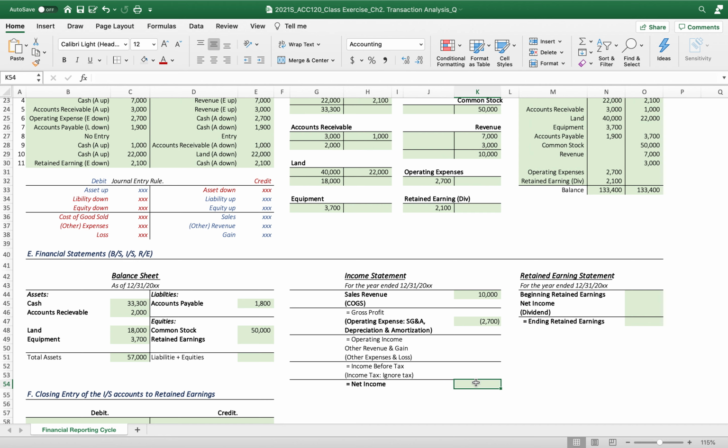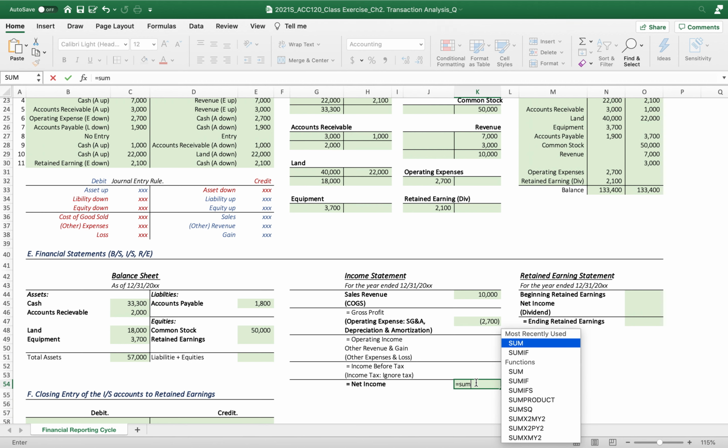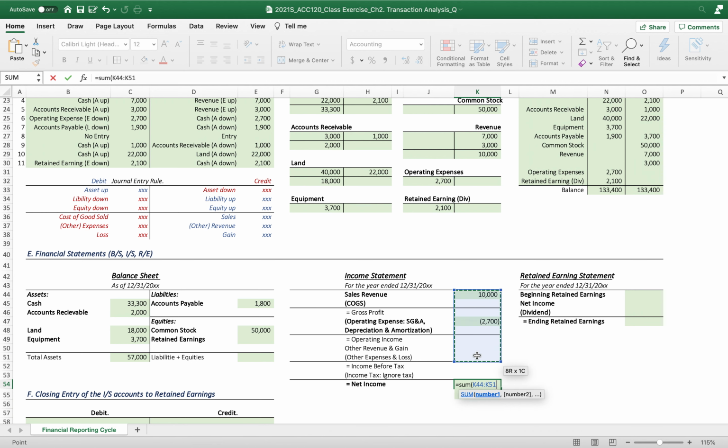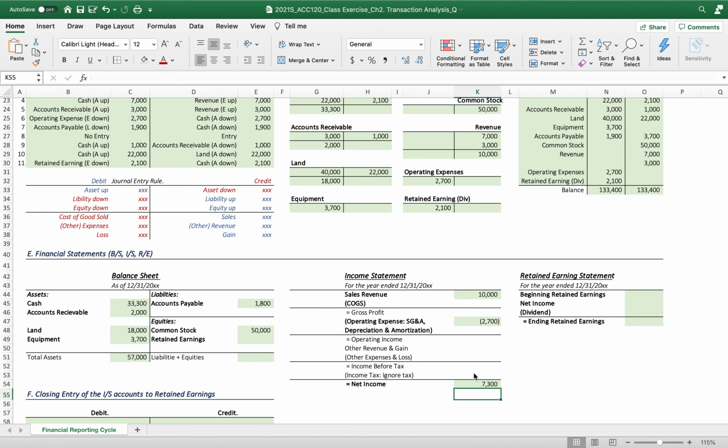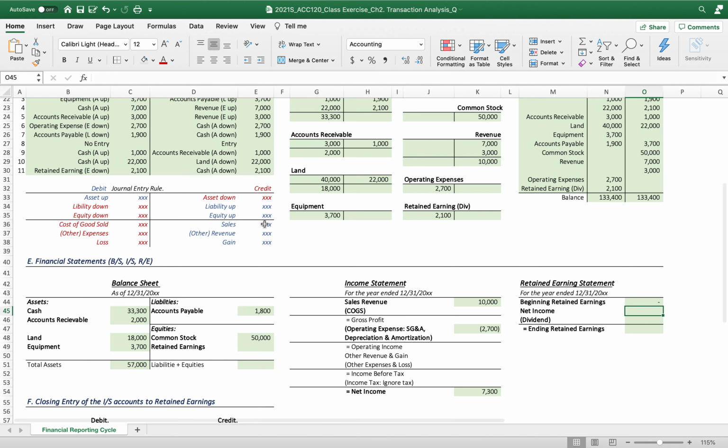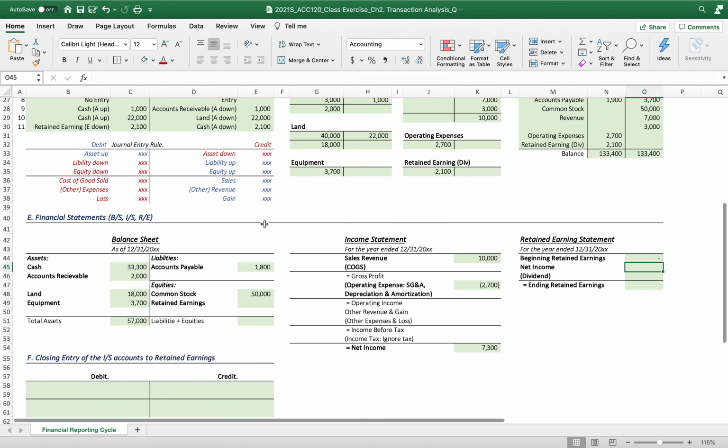Then net income. Okay, the net income is the sum of all this. So 7,300 is net income. Now the beginning retained earnings is 0. Why? Because the company just got started their business this year, April 1st.